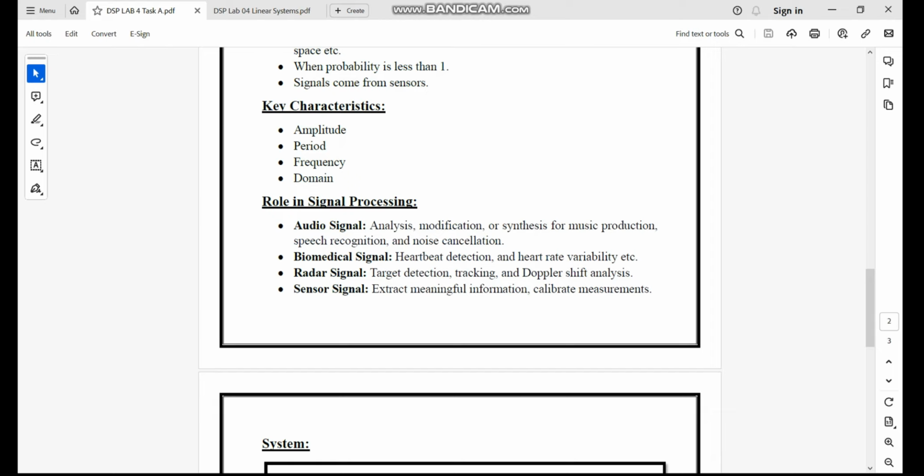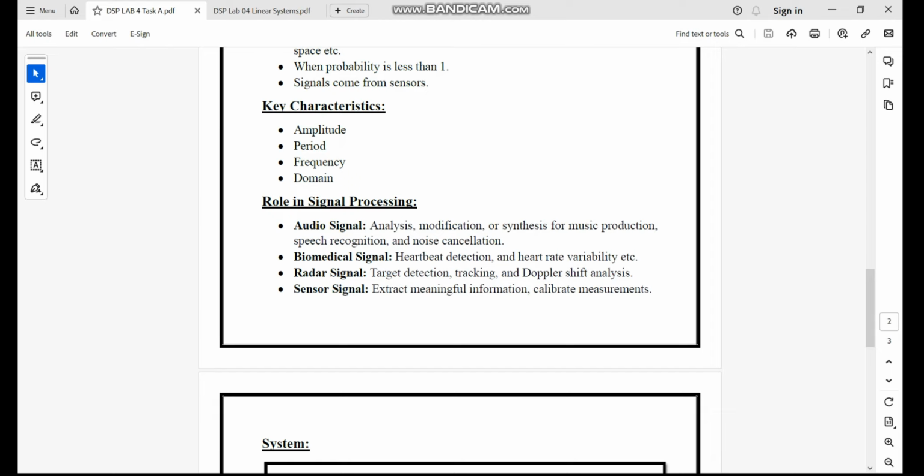In the biomedical field, for example, the ECG signal is the electrical activity of the heart over time recorded as voltage variations. Biomedical signal processing is crucial for tasks like heartbeat detection and heart rate variability measurements. Radar signal is used in radar systems that reflects off objects and provides information about their distance and velocity.